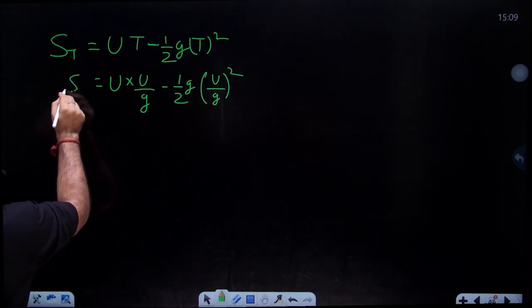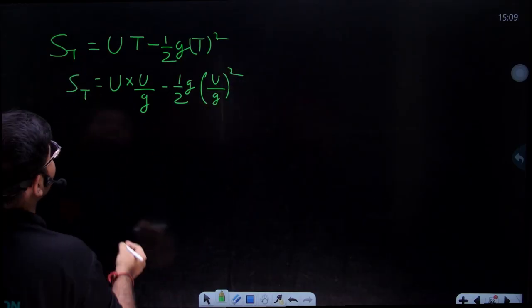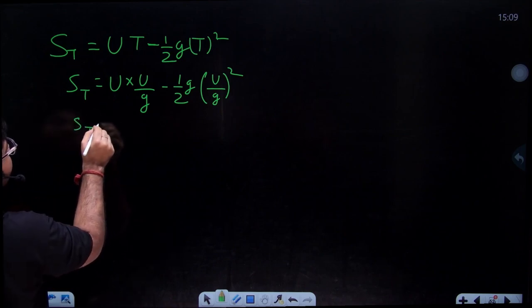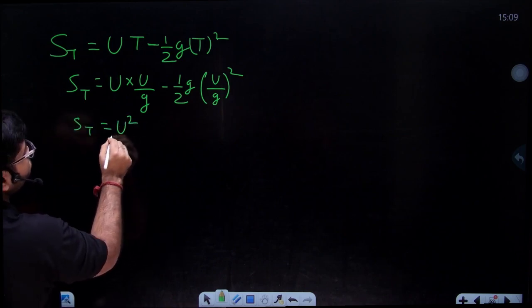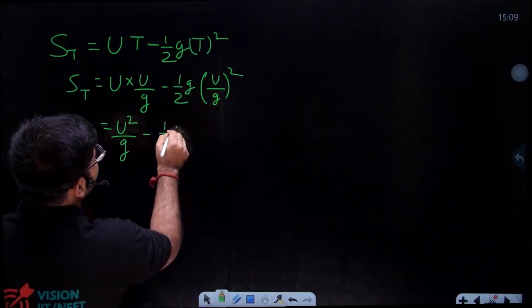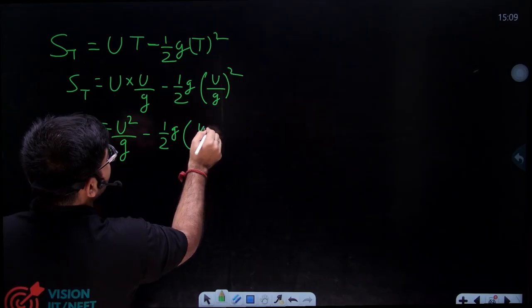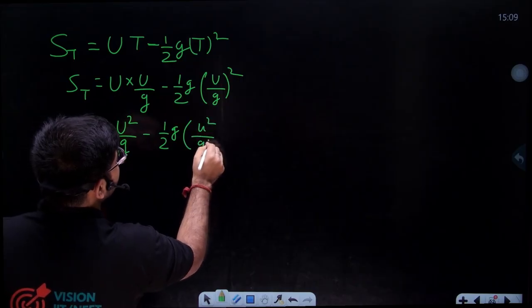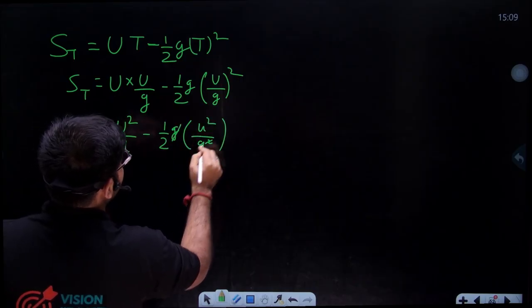This is St. You can simplify it. So you get St as u square by g minus half of g u square by g square. So g gets cancelled.